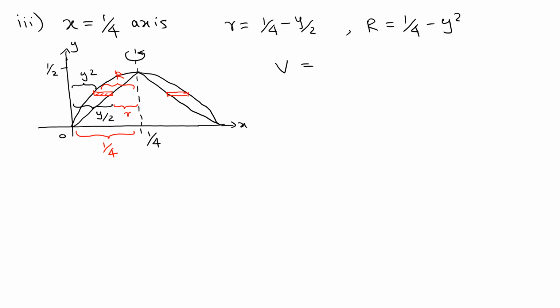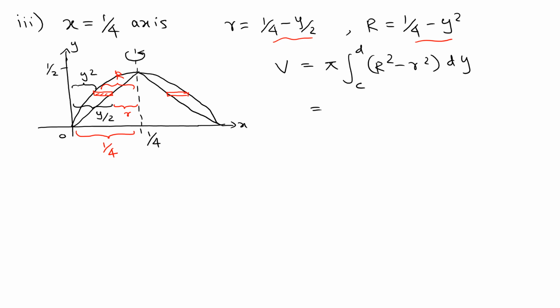V is simply pi, times the integral, that we normally put, of R squared minus r squared. It's a dy problem. That's the reason why we solve everything in terms of y. And now you're going to plug in.